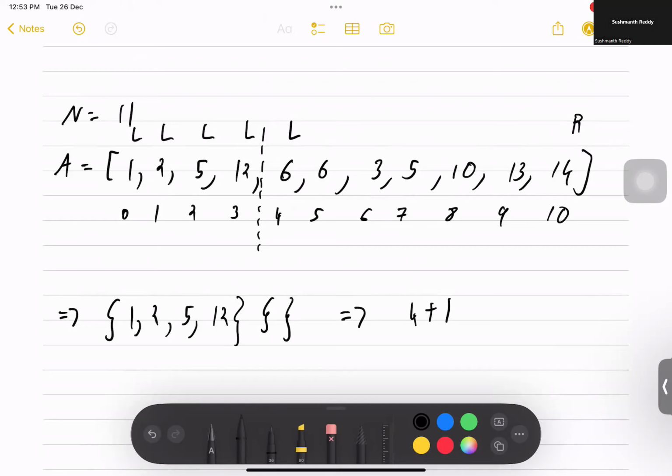Basically we are just fixing a suffix, assuming R is pointing one step before the suffix, and finding out for that particular fixed suffix how many L will satisfy the given condition. These are the set of L that will satisfy if we consider the empty suffix. That is, this is an empty suffix which is left, and till here R is.